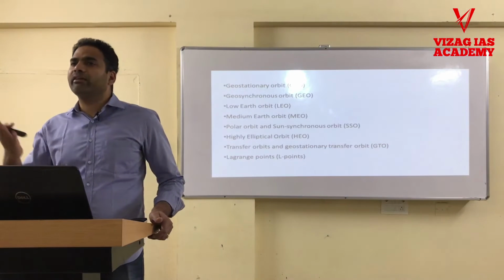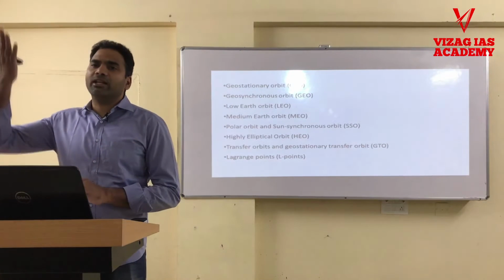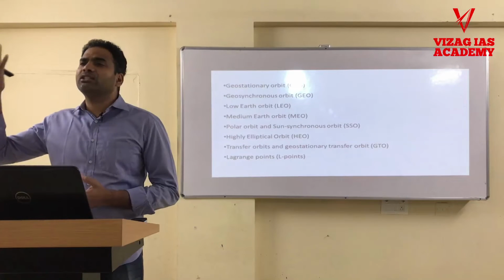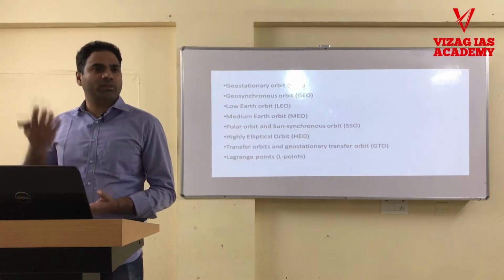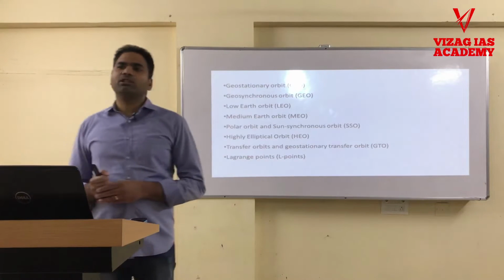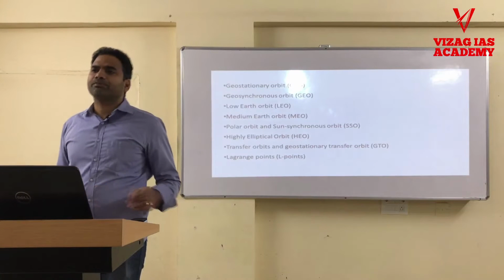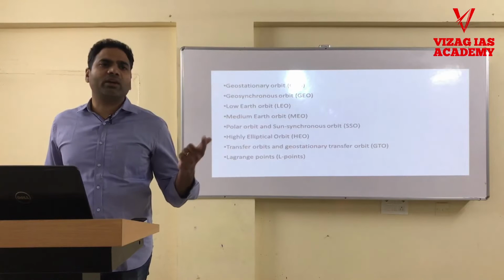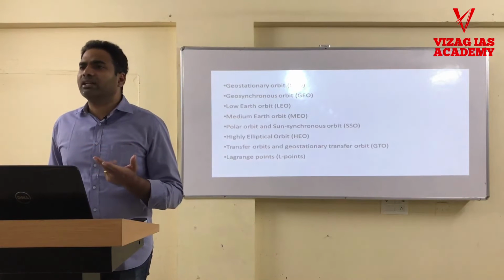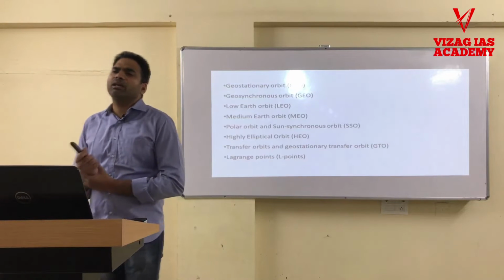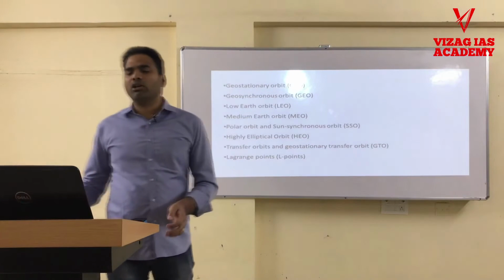Medium earth is anywhere between 2000 km and 36,000 km, that is, between geosynchronous, geostationary and 2000 km. What is medium earth orbit used for? Navigation. GPS, GLONASS, our NavIC, Beidou, and more are coming. All these are in middle earth orbit.